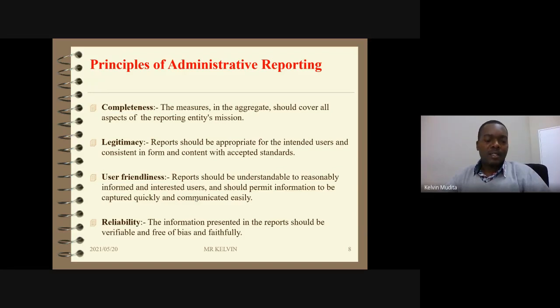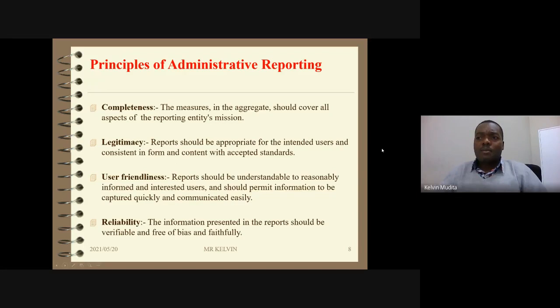By completeness, we mean a report should contain all the relevant information that it's supposed to contain. If it's a report on health and safety, it's supposed to contain all the information on health and safety. If it's a report on stock, it's supposed to contain all the relevant information of the various stock items that we have in the organization. That is the first principle.